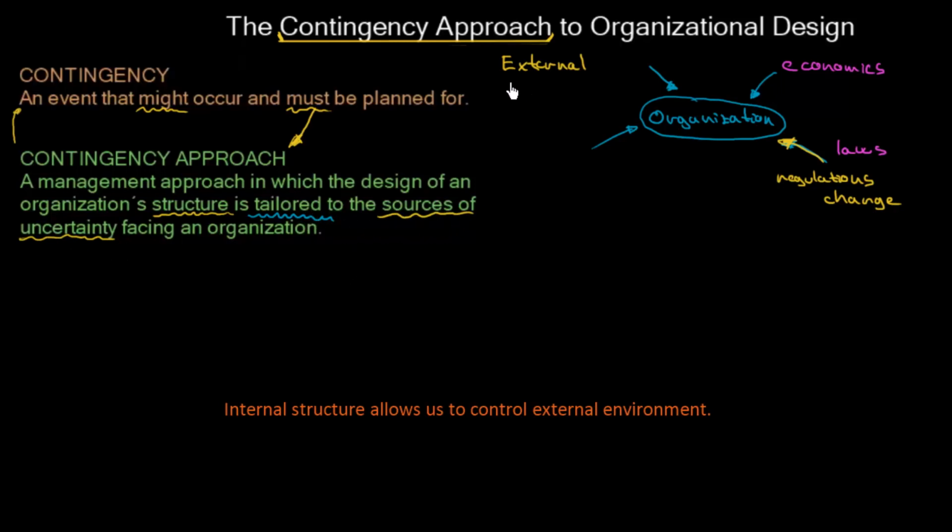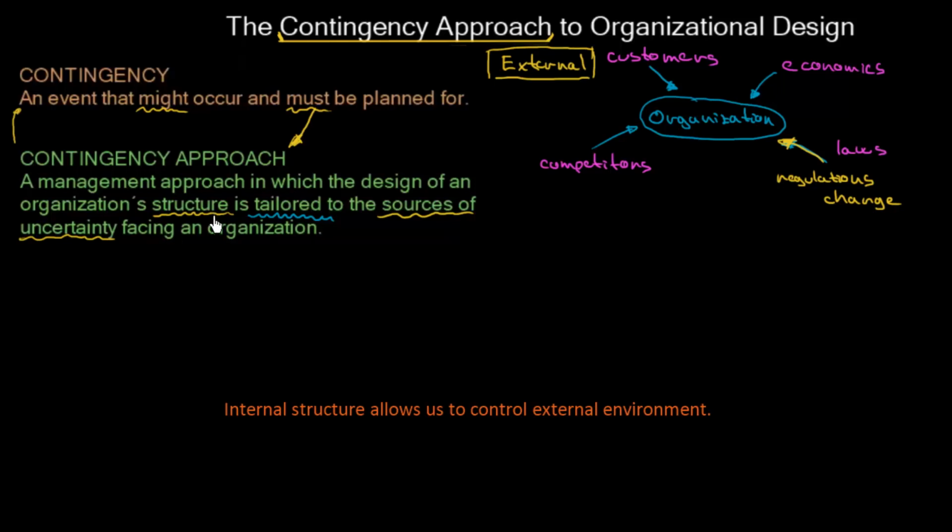Those are exactly the external things that are outside the organization. As we have mentioned, there can be some economic forces, some laws, then there can be some competitors. Another source of uncertainty can be our customers, even our demand force.